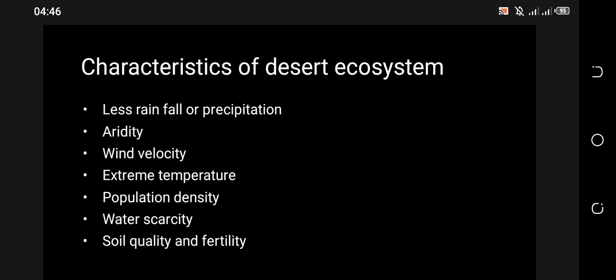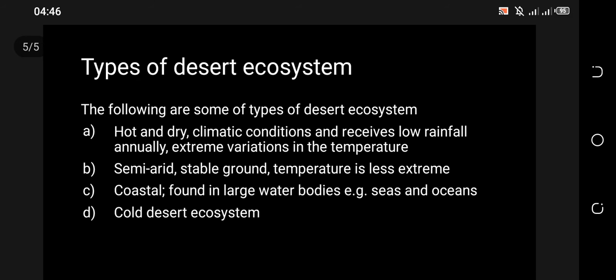Let us talk of types of desert ecosystems. The following are some types of desert ecosystem. We have the hot and dry ecosystem. Climatic conditions of this type of ecosystem are very hot but also dry.